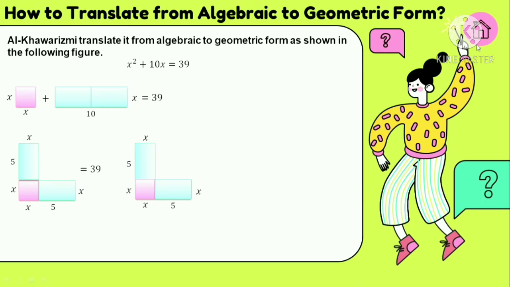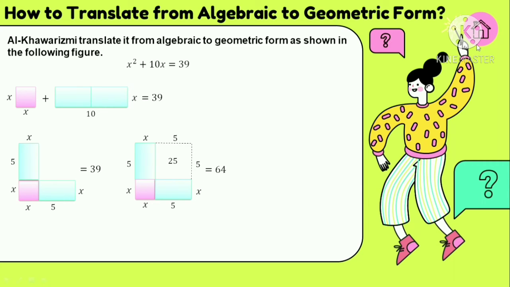So, after that, we make a square again, like this, with the length 5 and the width 5. So, the area of the white square is 25 square meters. It is equal to 64.